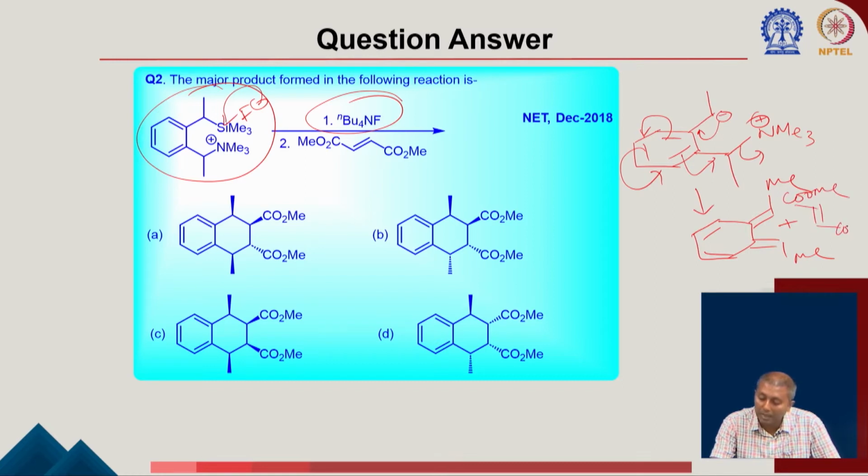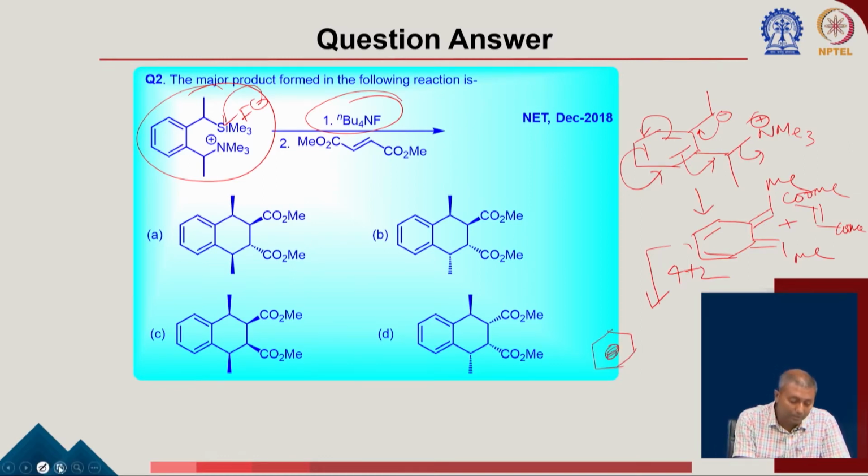you can see this is a diene and this is clearly a dienophile. Once you have a dienophile, it is going to take part in a 4+2 cycloaddition. So if it is a 4+2, what is going to be the product? I think you can write it this way.